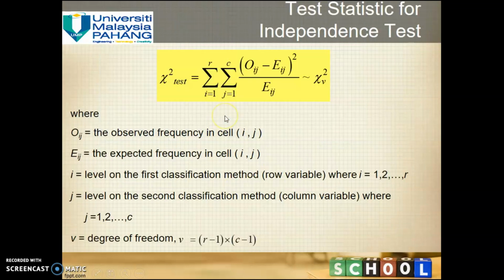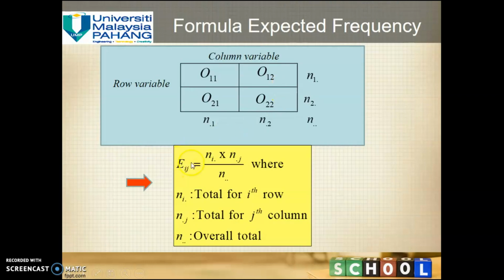Okay, the formula for how to get your E here, the expected frequency. So the E here comes from this summation value, Eij. For the first Eij, it is Ni dot times N dot j divided by N double dot.